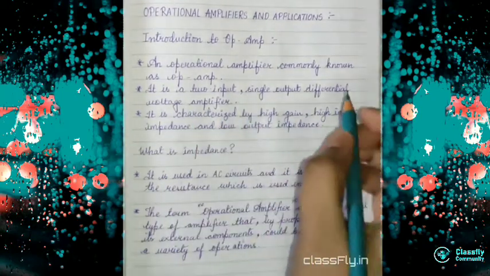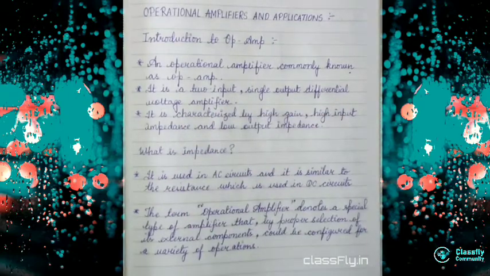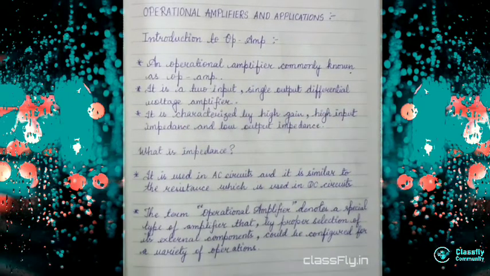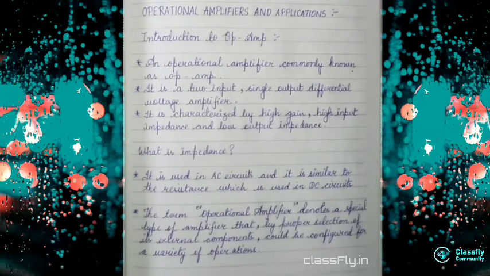Before this statement, we should know what a differential voltage amplifier basically is. We know that an amplifier means anything which amplifies something, right? But a differential voltage amplifier means there are two input voltages and it will have its own output.